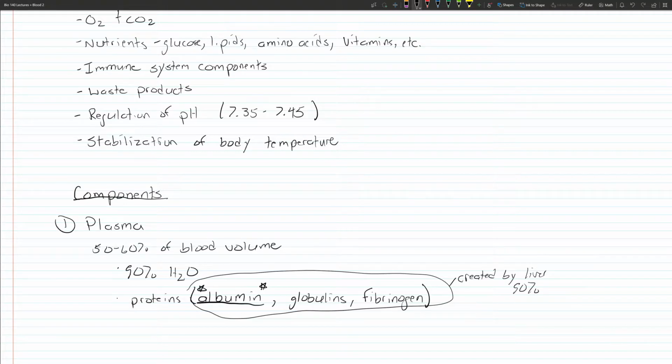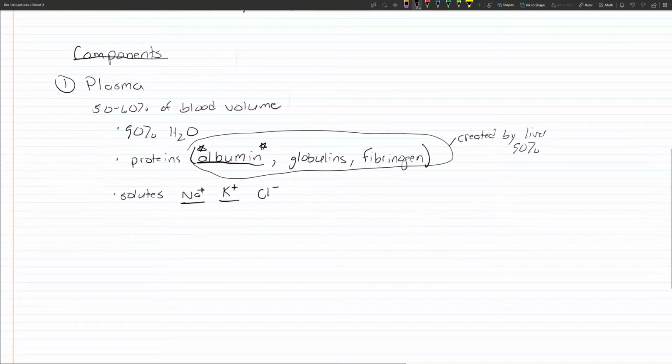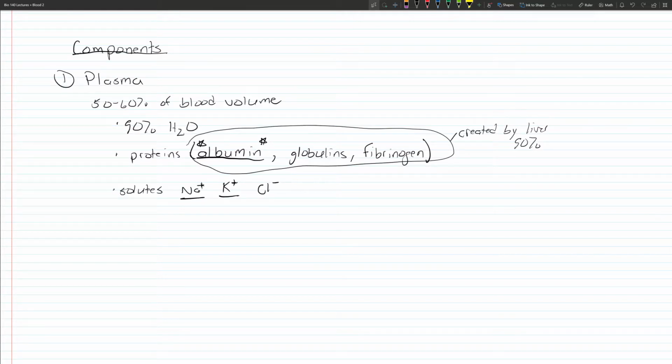And then what else we have in the plasma is our solutes. The important ones I want you to remember forever for the rest of your lives are sodium, potassium, and chloride. Sodium and potassium more than the others because sodium and potassium drive a lot of what's going to happen in our body. So that's the first part.